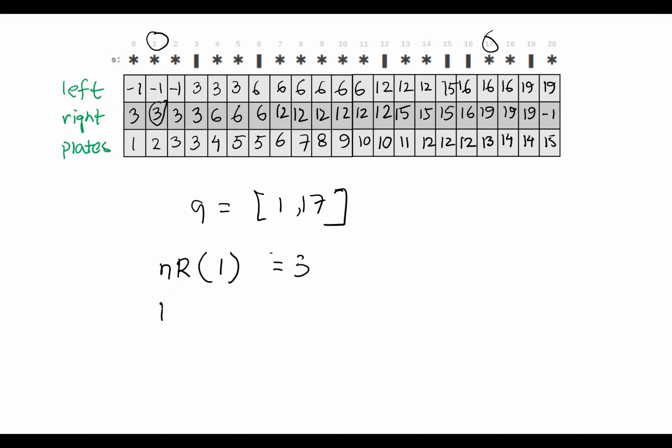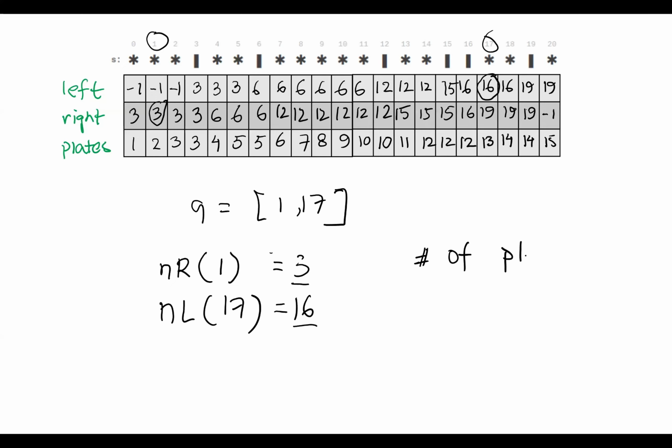And what is the nearest left of 17? So let's go and check the nearest left of 17. So this is 16. You can see here, right? Okay, 16. So what is the number of plates between index 16 and index 3?